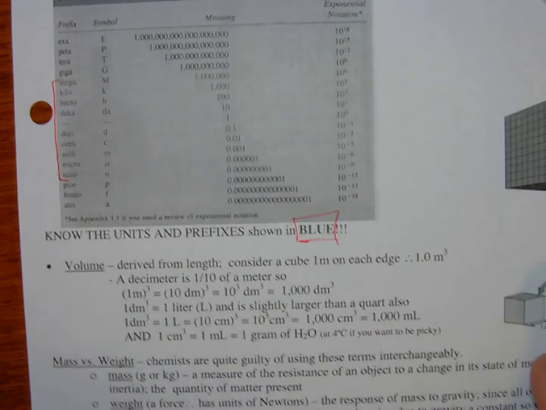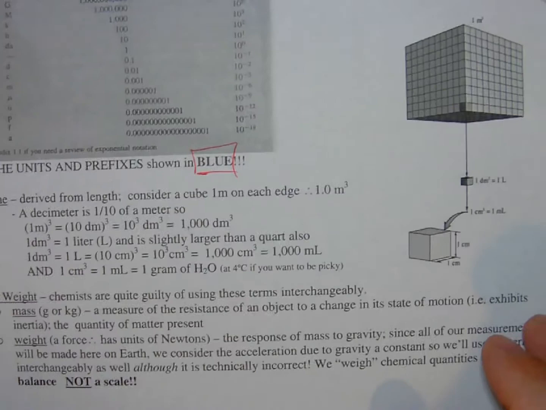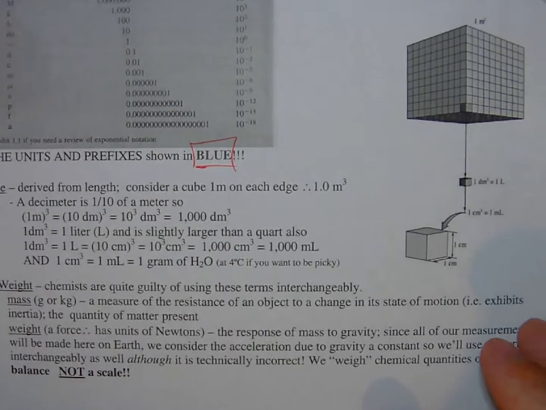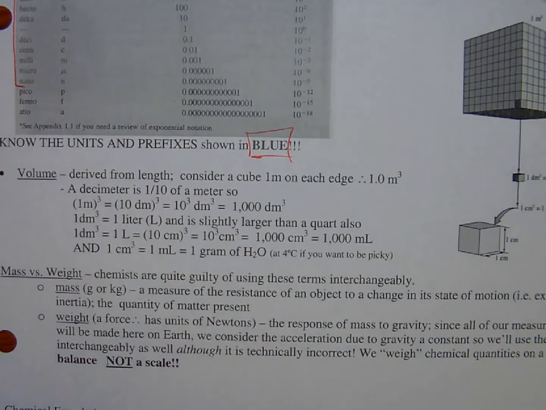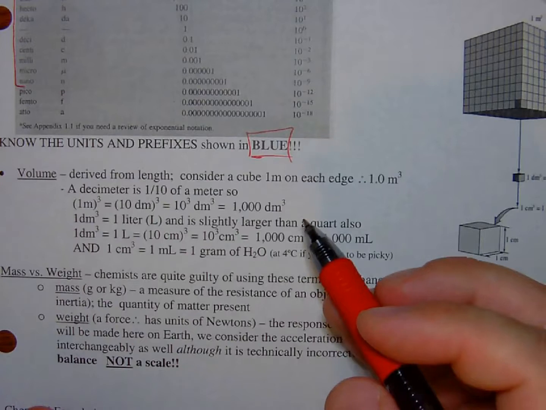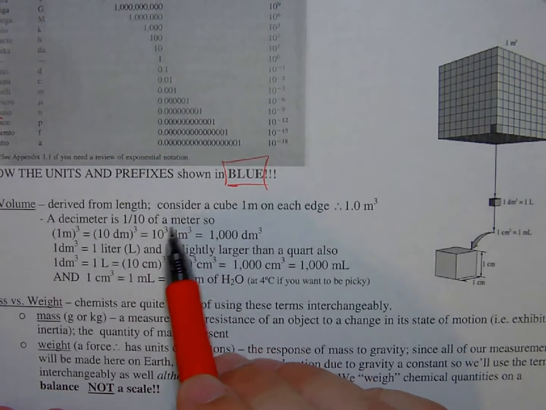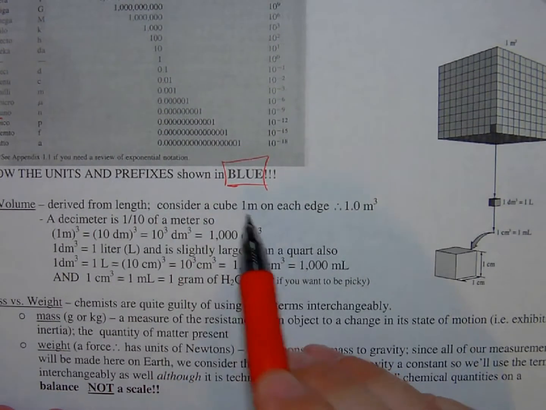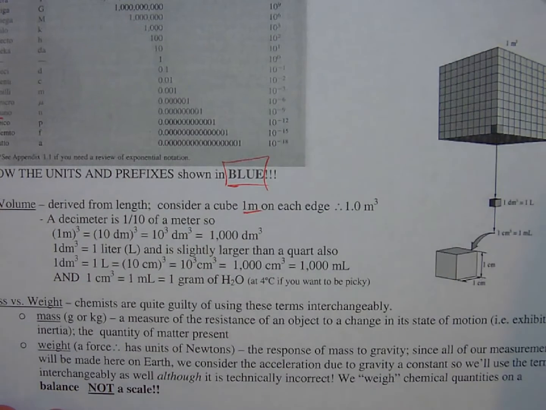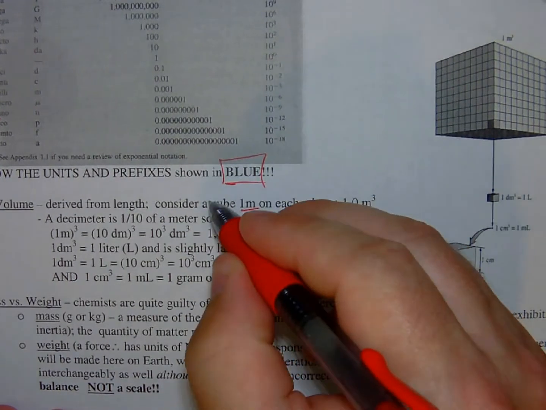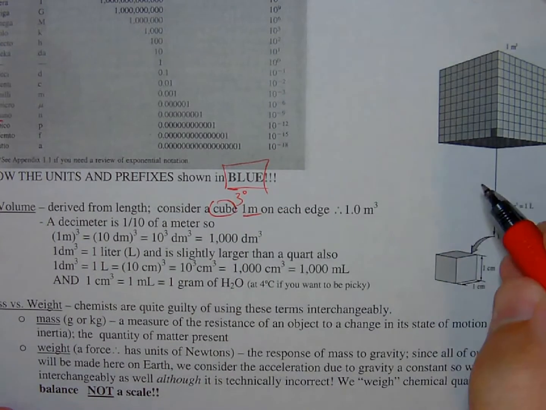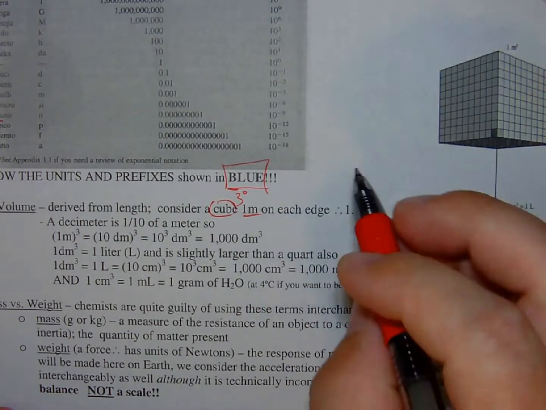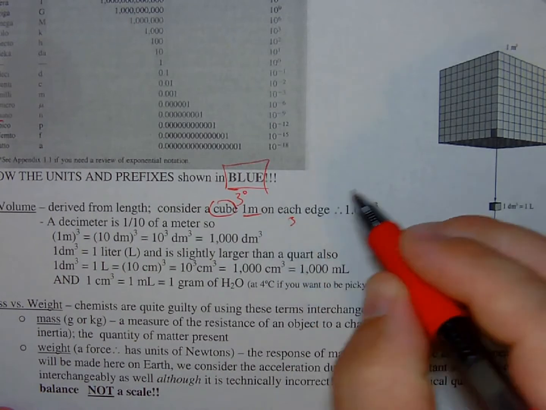Let's move on to volume here. Volume confuses a lot of folks, and so we have our diagram here over on the right. Volume is derived from length, and so what we mean here is we consider a cube that is 1 meter on each edge. It is a cube, right? So it is 3-dimensional. On each edge, there are 3 edges.